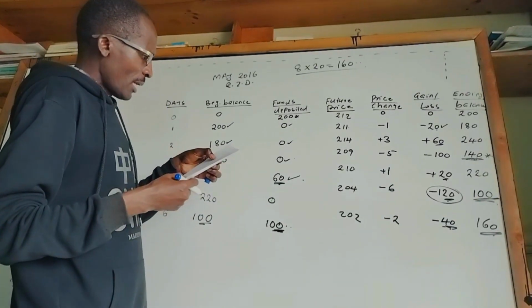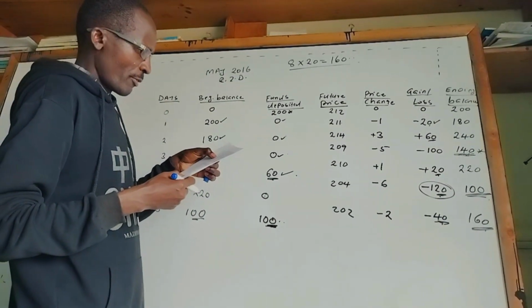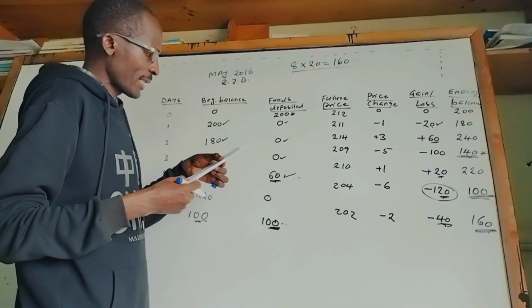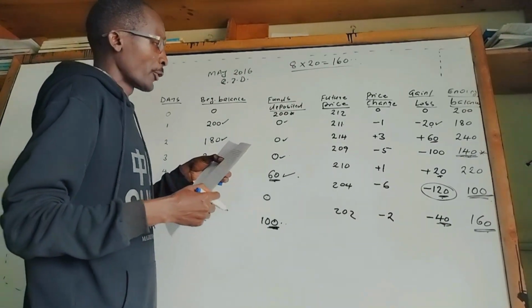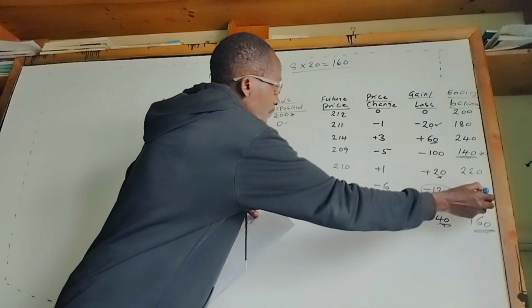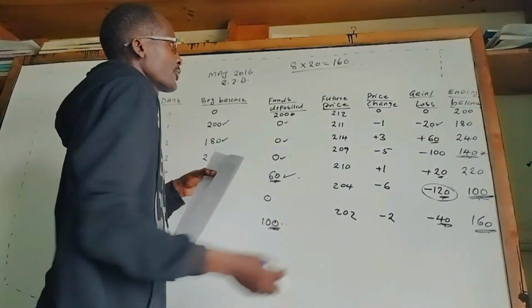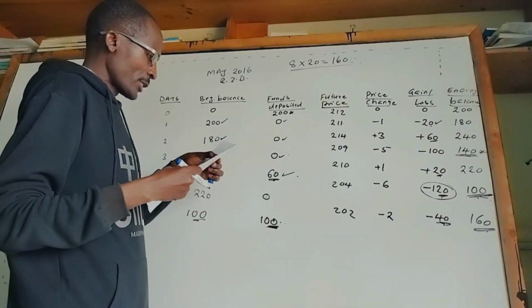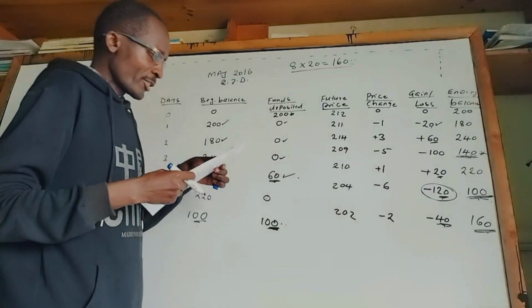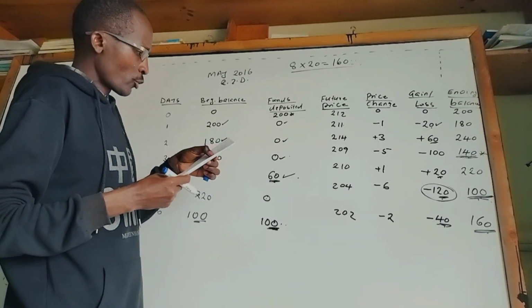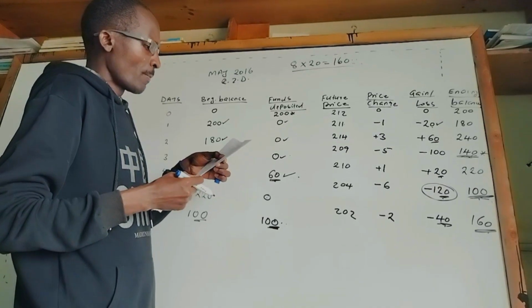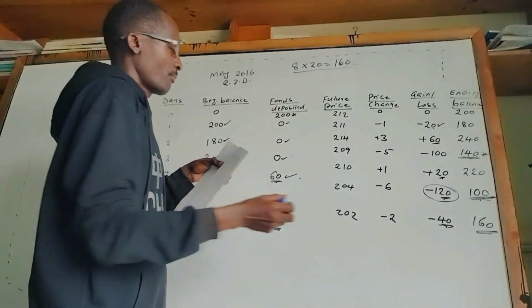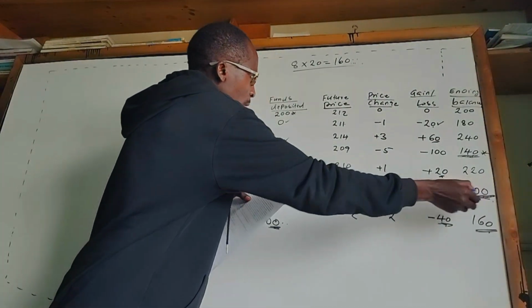Then again, this amount is less than the 160 maintenance margin requirement. You must deposit enough money to bring the balance up to the initial margin requirement of $200, because the amount has fallen below 200.